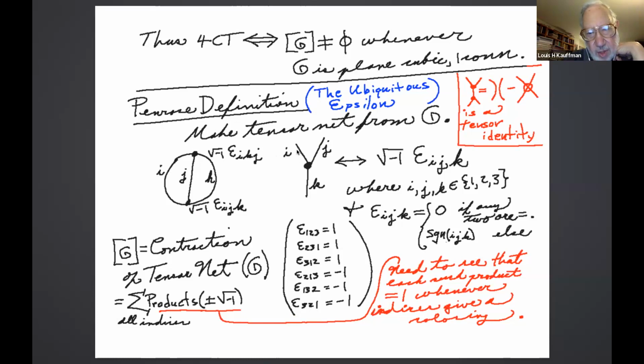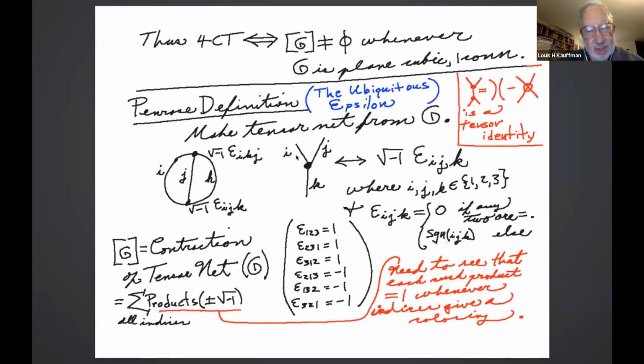At a given node, you have indices I, J, and K, and the evaluation of that node, with the indices put down, where the indices run from 1 to 3 because we're 3-coloring, is the square root of -1 times epsilon I, J, K, where epsilon I, J, K is the sign of the permutation 1 to I, J, K, or 0 if it's not a permutation. So epsilon 1, 1, 2 is 0. Epsilon 1, 2, 3 is 1, epsilon 1, 3, 2 is -1, and so on.